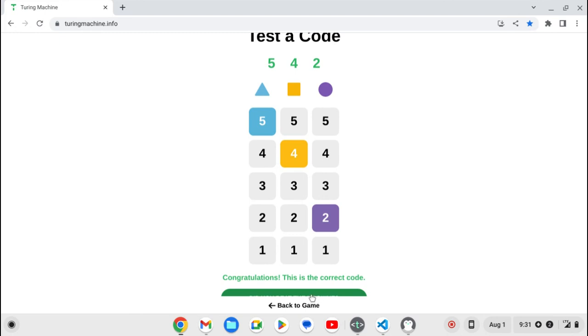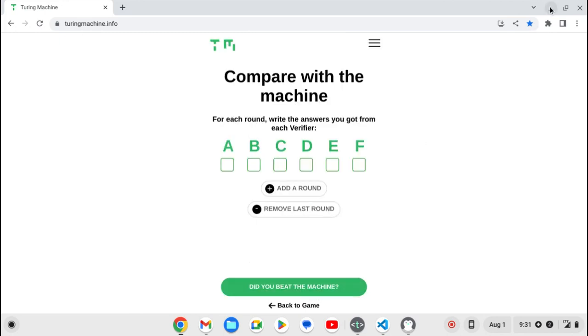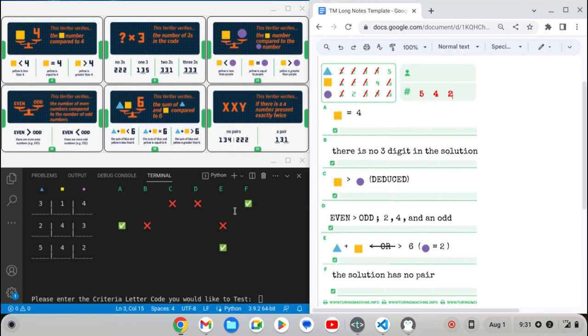Now let's see how we did. So what did we test? I know we went to 3 rounds. One more test, then there are criteria cards. Maybe we tied with a Turing machine, not sure. Okay, so we did C, D, F in the first round, and then the other remaining 3, and we just did E twice.